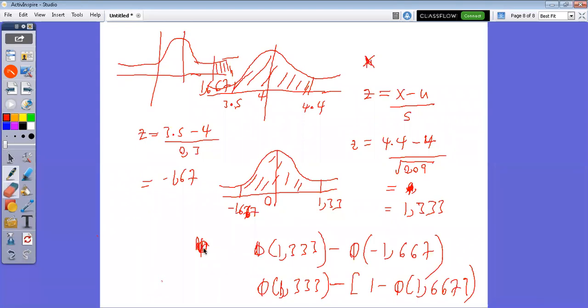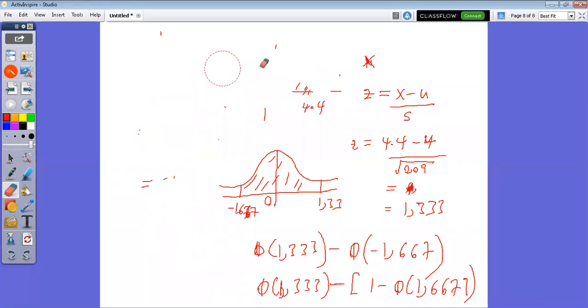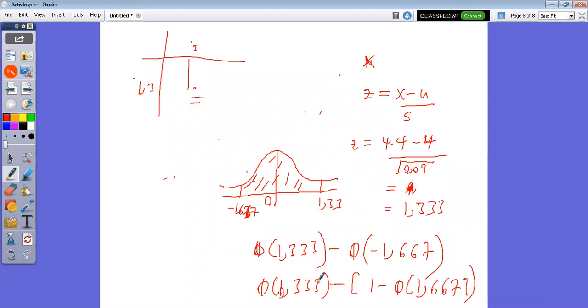1.33. Let's go to 1.3. Maybe I'll show it here, but I think almost everyone now knows how to do that. I've got a table like this. So we go to 1.3, which should be somewhere there. Then you go to the column for the 3, then look for that value. Then you add on the additional value you get there. Let's do that.